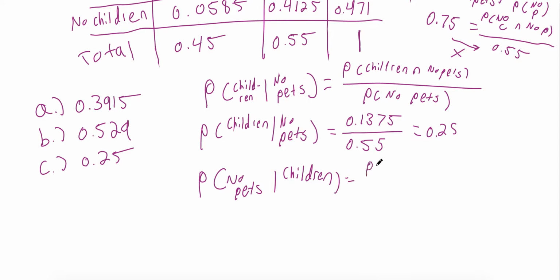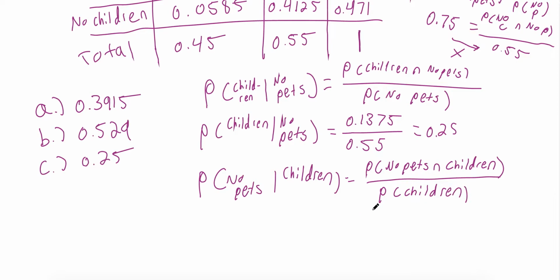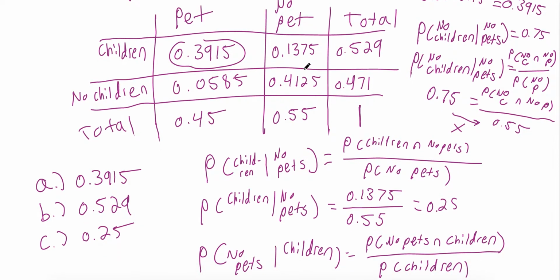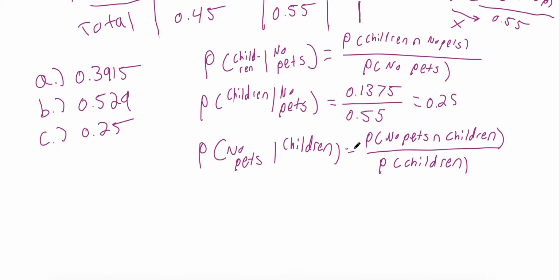That equals probability of no pets and children, all over just the probability of children. So what is the probability of having no pets and children? We're going to go up to our contingency table, no pets and children. That's 0.1375, just like we had up here.